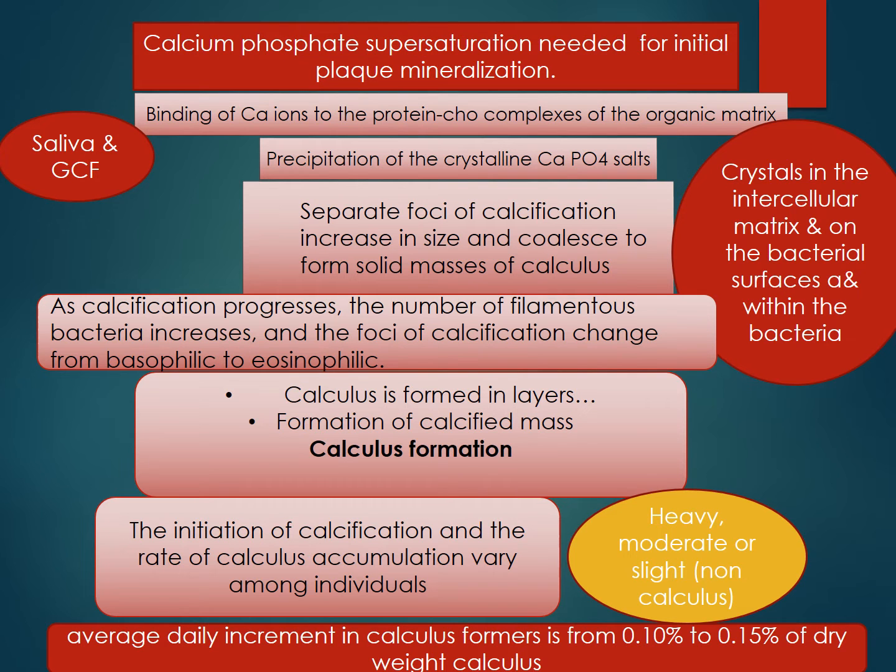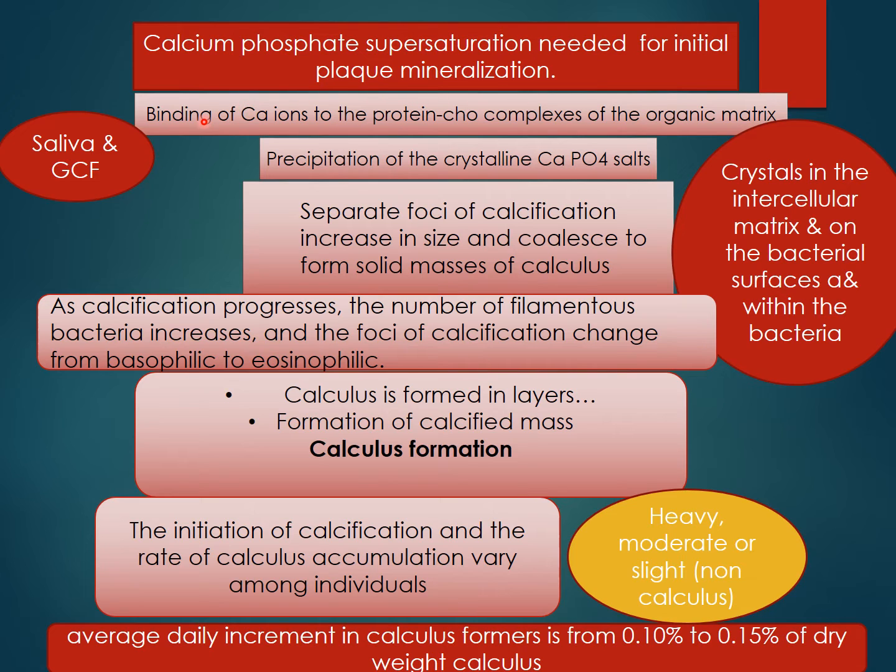Coming to the steps of calculus formation. For the initial mineralization process to occur, calcium phosphate is very important, and certain membrane associated components and regulation of nucleation inhibitors are also required. For the initial mineralization, calcium phosphate supersaturation is needed for initial plaque formation.